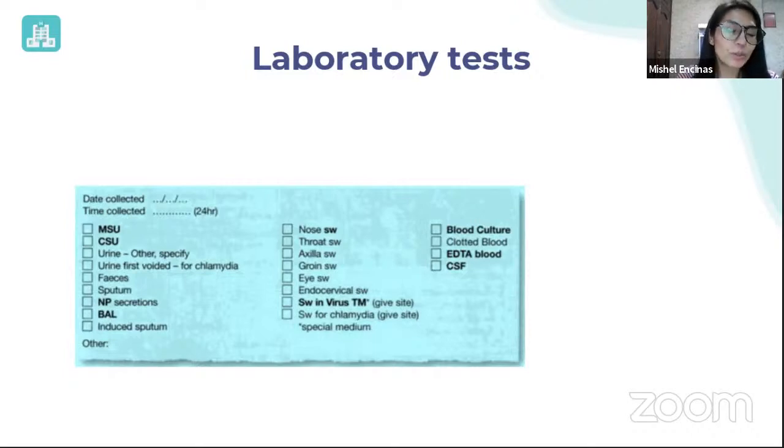MSU means midstream specimen of urine. CSU means catheter specimen of urine.